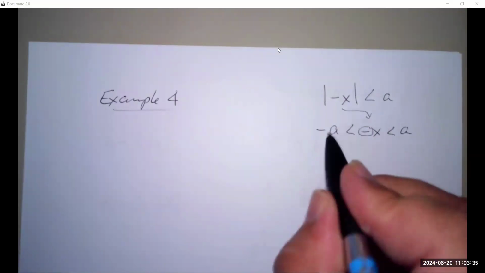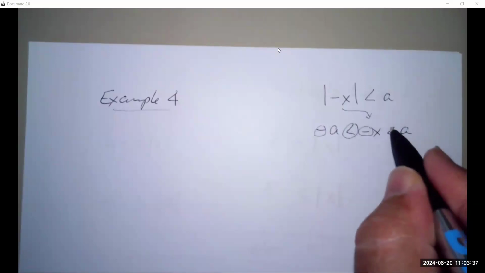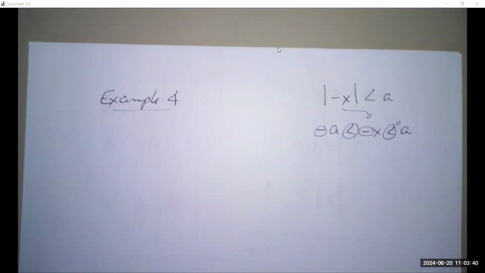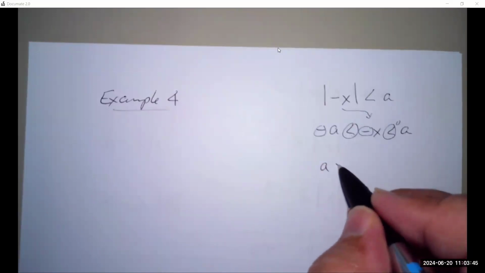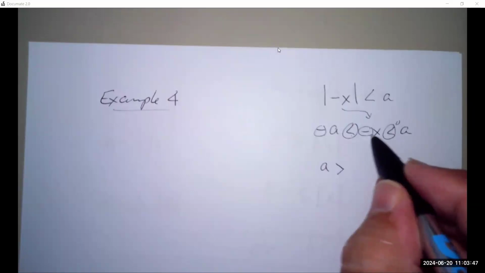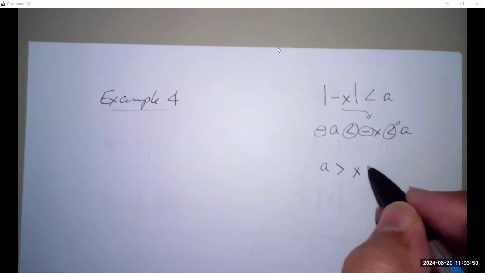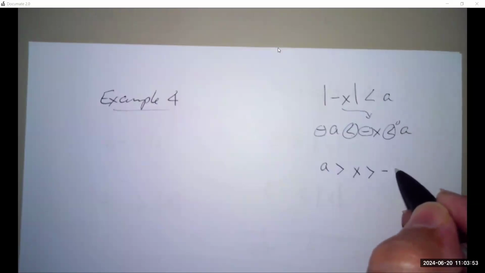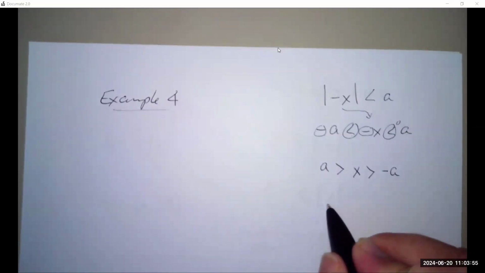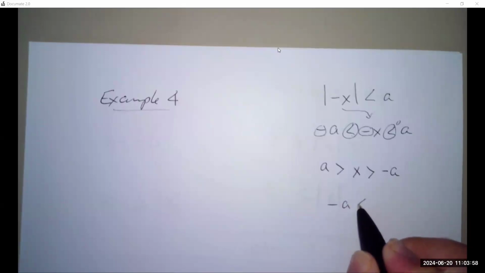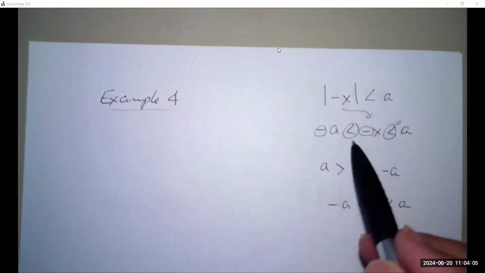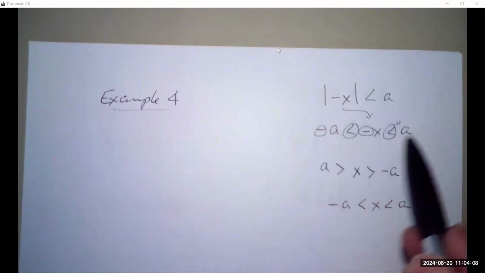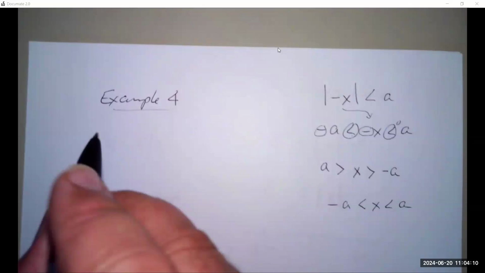When I change the sign, I change everything across the board. So this one goes from negative to a positive. That one goes from less than to greater than. That one goes from negative to positive, less than to greater than, and from positive to negative. So whenever you change a sign of x, you have to change everything, not only the signs of the numbers, but the directions of the inequalities.